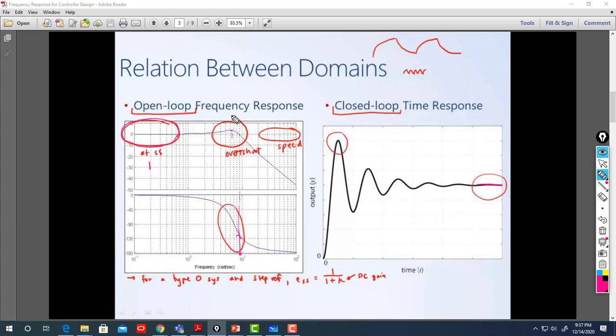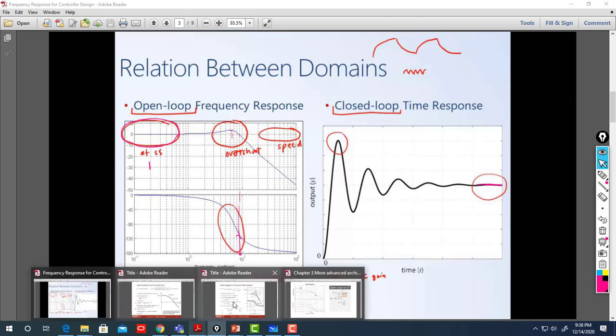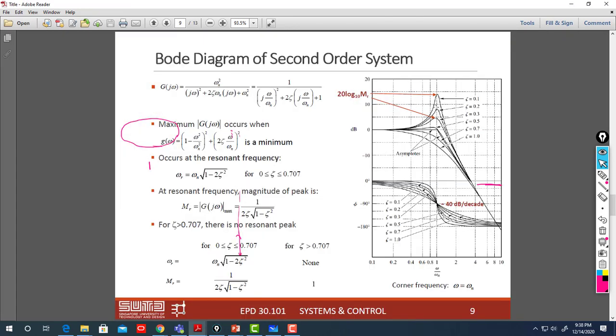If you have a high peak, remember, a high peak means high overshoot, which corresponds to low damping, a low damping ratio. And here is the relation: we said usually M_R is approximately 1 over 2 zeta.